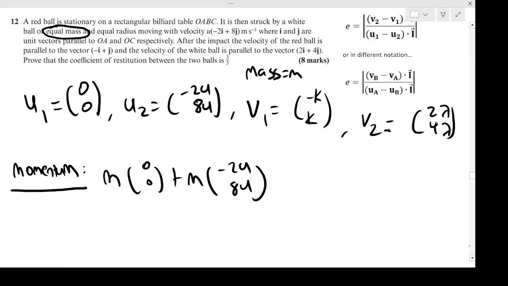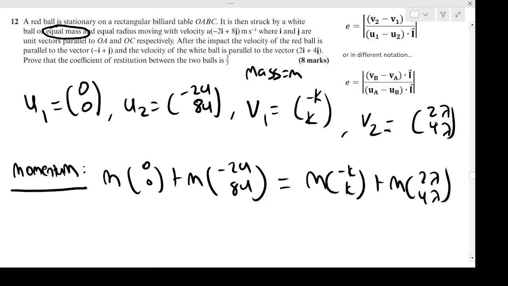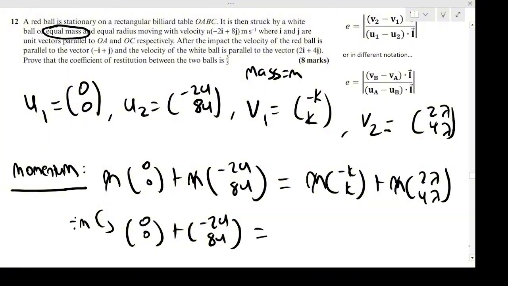That's going to be equal to m lots of minus k, k, and then m lots of 2 lambda, 4 lambda. And of course, the first step we can do is just divide by the m, right? Cancel the m out. And so we get 0, 0, add minus 2u, 8u to be minus k, k, and 2 lambda, 4 lambda. Okay.